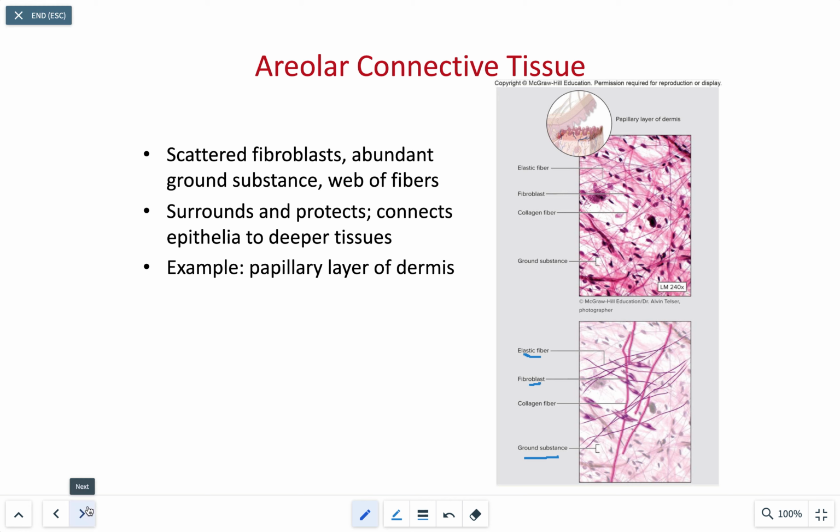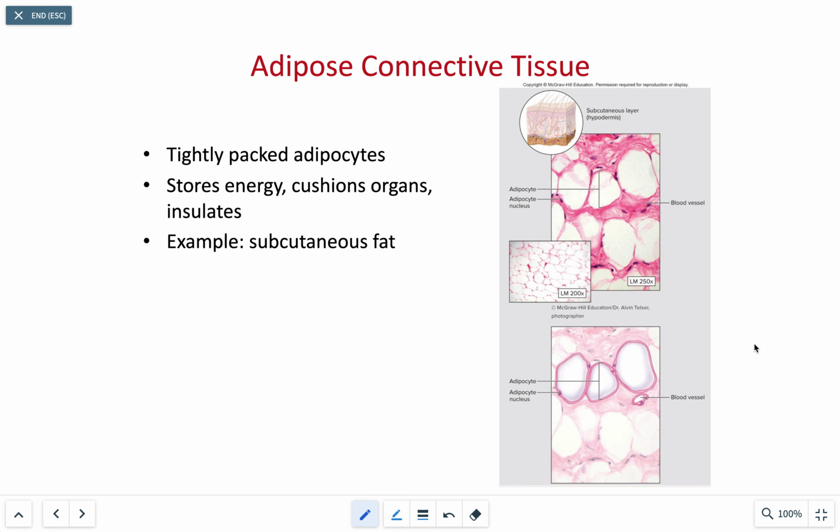The next loose connective tissue we'll look at is the adipose tissue. As mentioned a little bit earlier, we see that the adipocytes or fat cells are tightly packed. Inside of this, its job is for storage of energy.